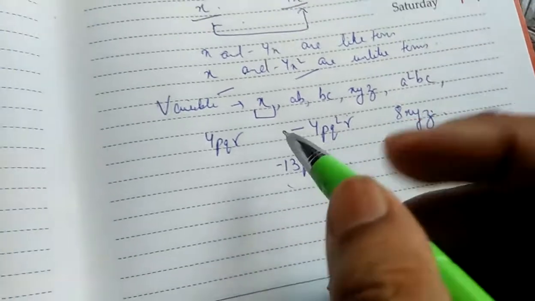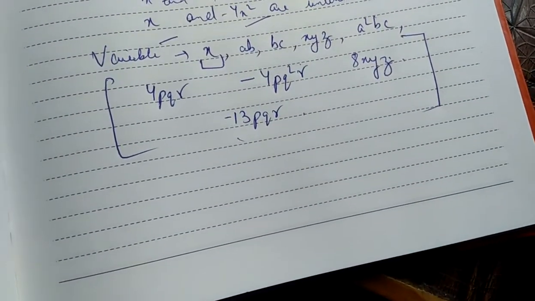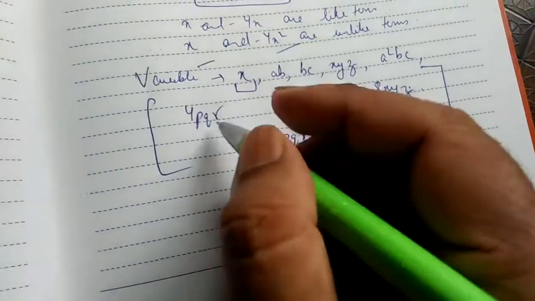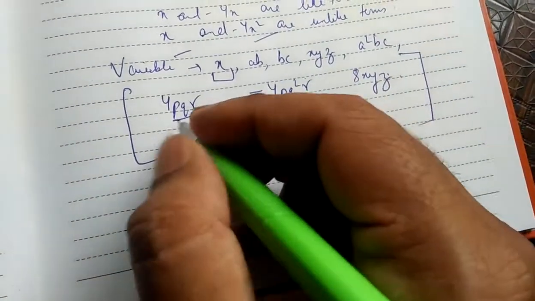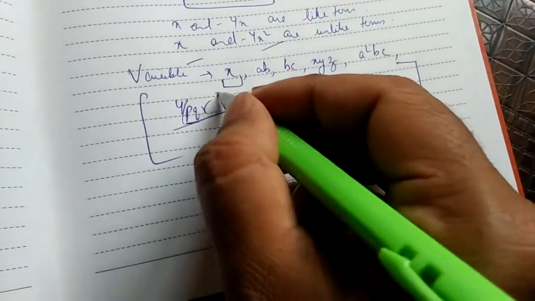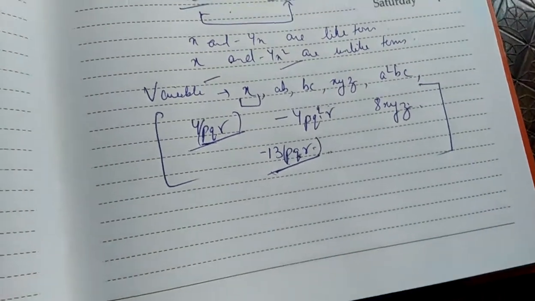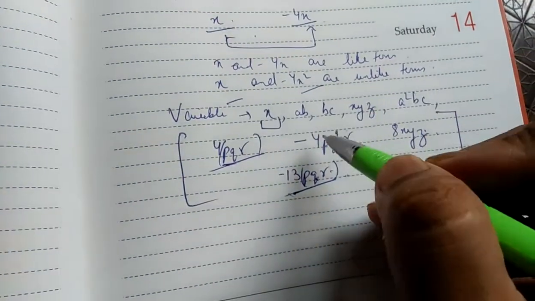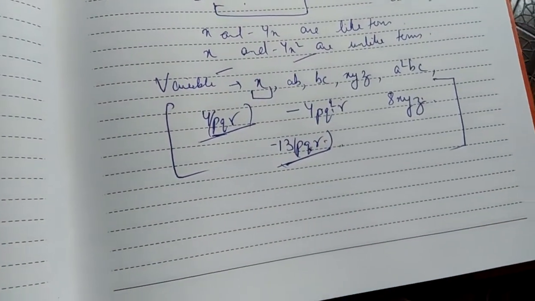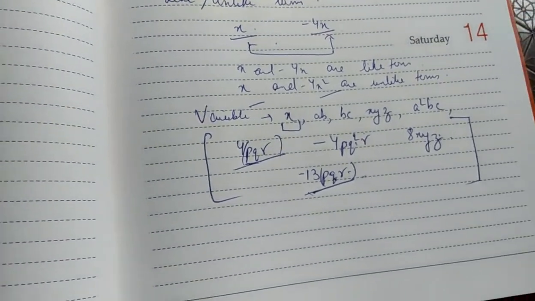In these four algebraic expressions, the two with pqr are like terms because the variable part is the same. This and this are not like terms, they are unlike terms, because the variable part has a square, q has a square. So they are unlike terms. Simple enough.